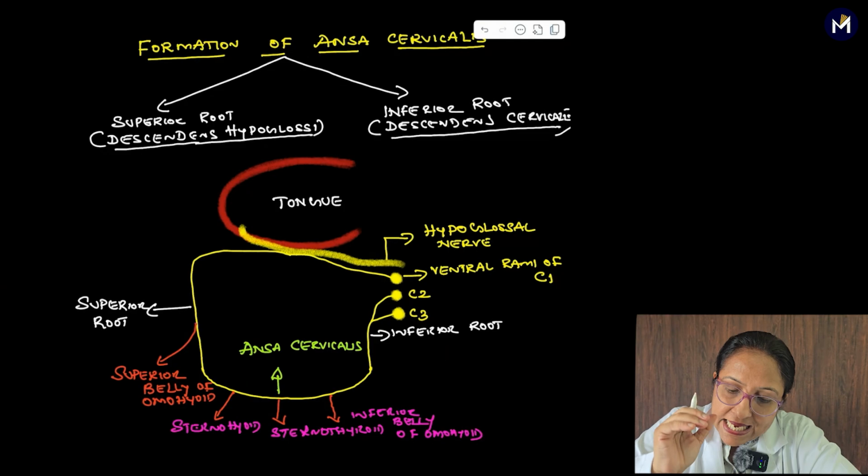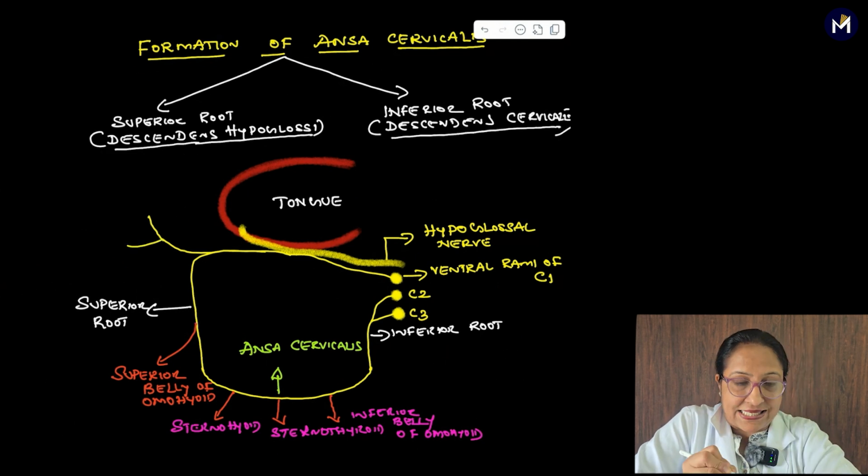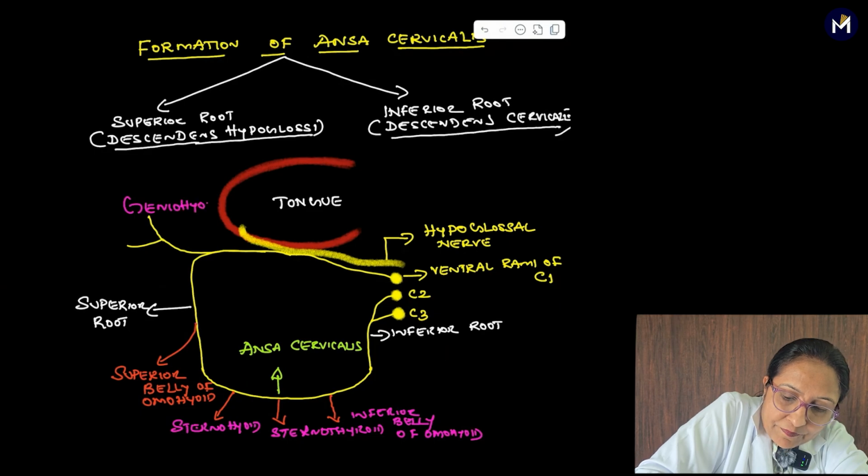Apart from this, the C1, which has joined the hypoglossal nerve, will continue forward and it will supply two muscles. One is geniohyoid and another is thyrohyoid.